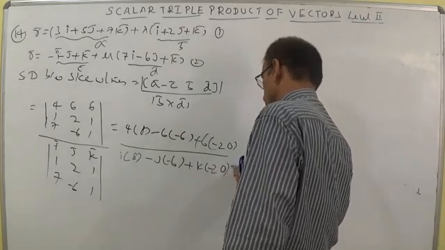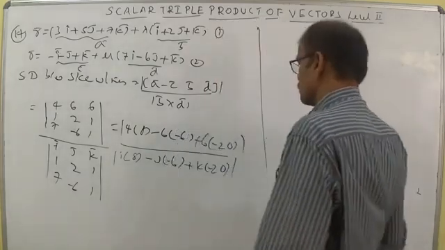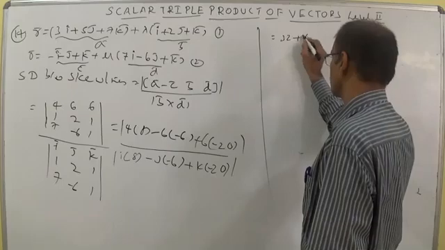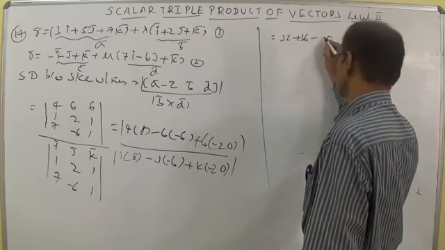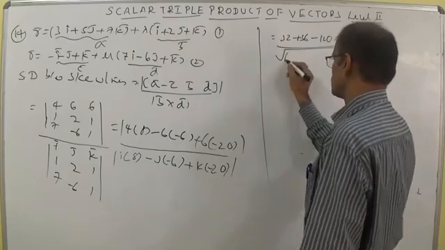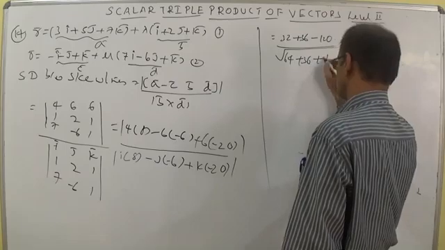Minus 6 minus 14 over the modulus we can take here. This is also a modulus. We can write here 4 8s are 32 plus 6 6s are 36 minus, this is 120, whole by root of this magnitude: 64 plus 36 plus 400.